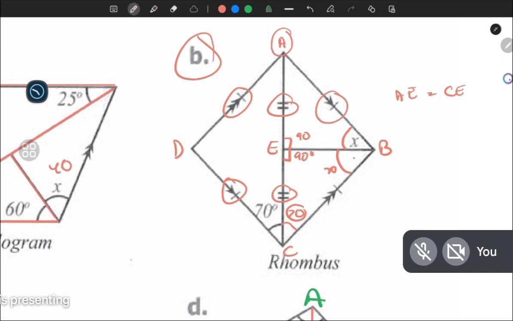So we can say that this is 90 as well. Yes or no? Yeah. And we can say that this is 70 because it's a rhombus, so the opposite angle will be the same.